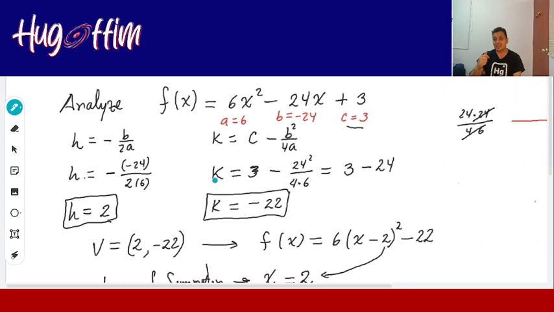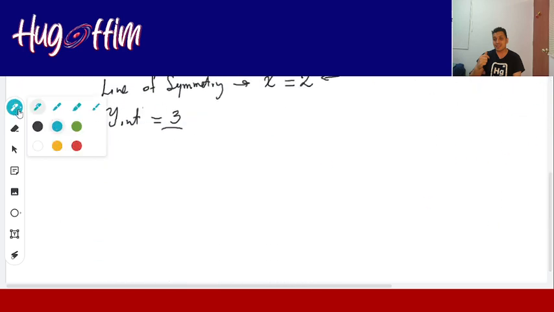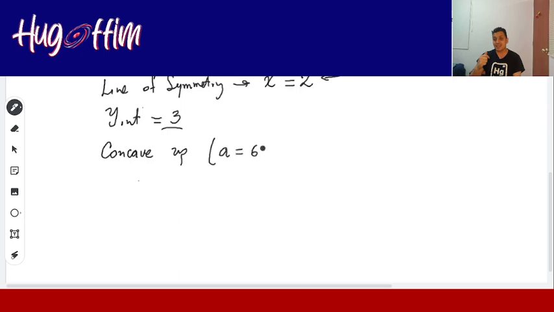And if you observe, A is positive. So the parabola is concave up, because A is 6, that is greater than 0. It's concave up, so the turning point is a minimum.